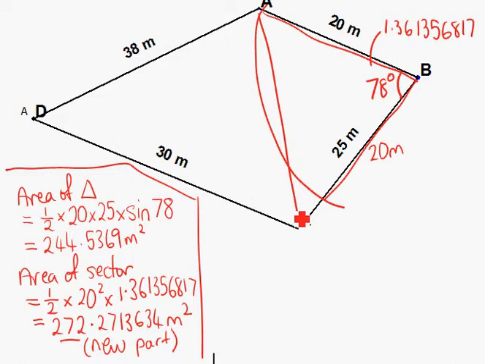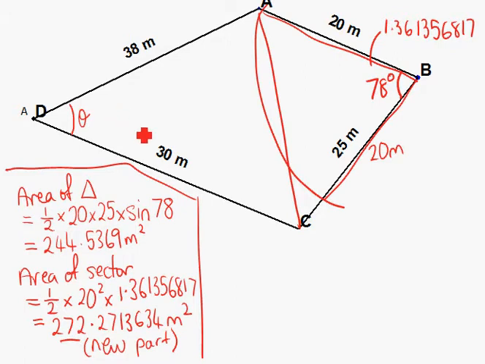We've got the area of half of that new shape. We'll have to find the area of the other part. It's just a triangle. We've got two sides, but we'll need to know that angle, so then I can do the area of a triangle formula, half times 38 times 30 times sine of the angle in between.